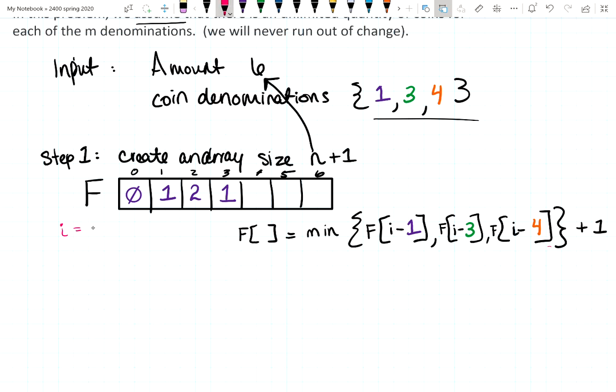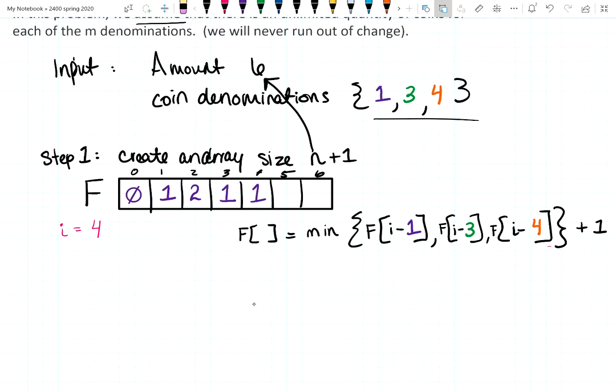We're going to look at all three. 4 minus 1 is 3. f of 3 is 1. 4 minus 3 is 1. f of 1 is 1. And 4 minus 4 is 0. f of 0 is 0. The minimum of 1, 1, and 0 is 0. We add 1, it's going to be 1.